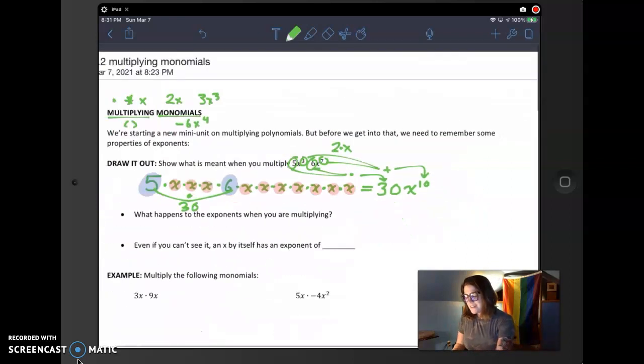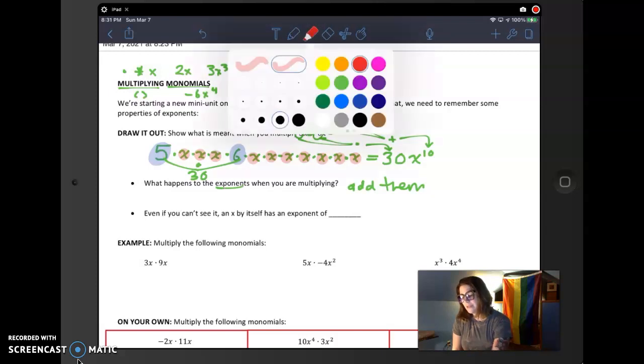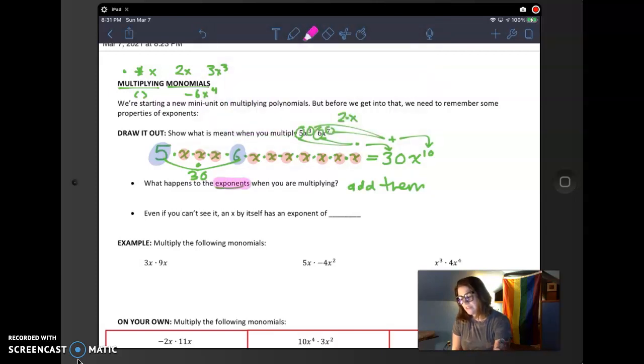I'm going to pause for a second. Let's answer these questions here. What happens to the exponents when you are multiplying? You add them. The word exponent means that little number, basically. Exponents are these little numbers that we'll see in our problem here. And actually, there are some secret exponents also.